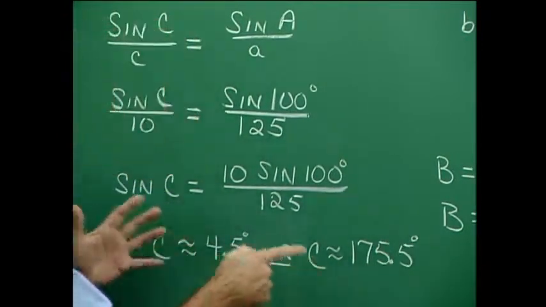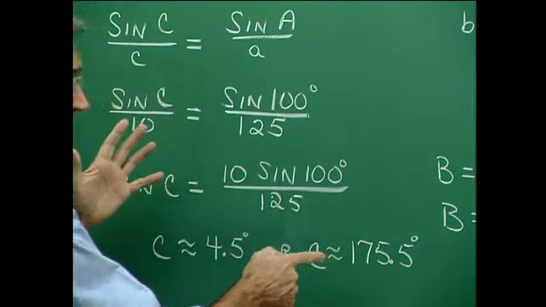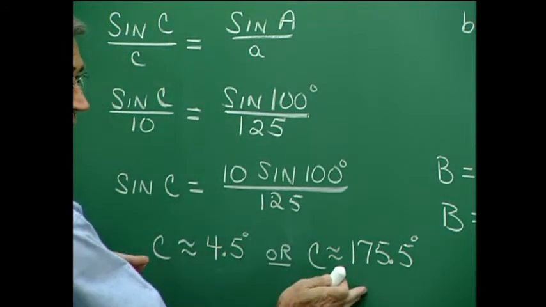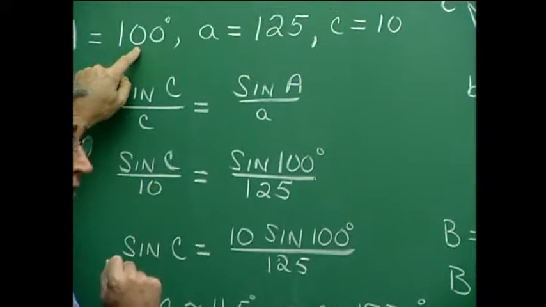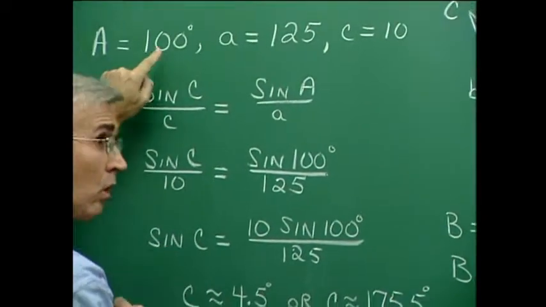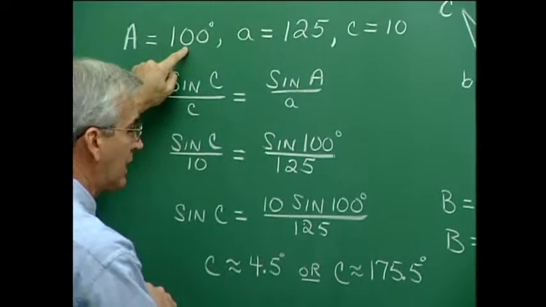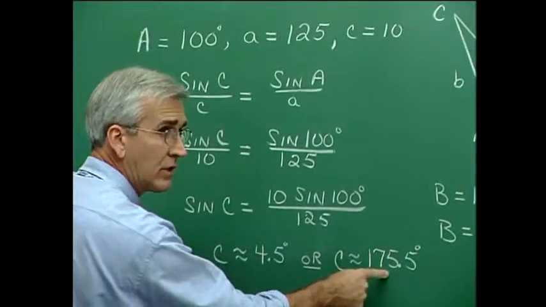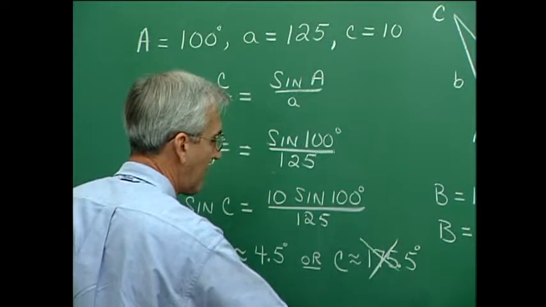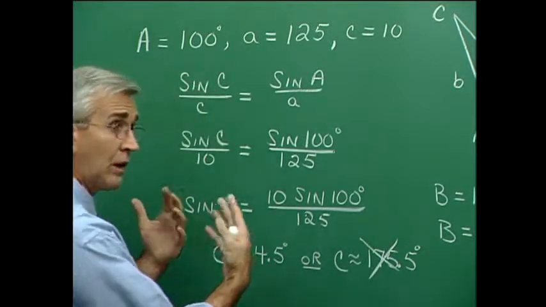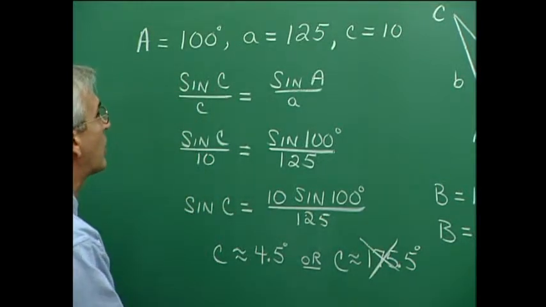However, if we just look at the nature of the problem that we're given here, we know that we have to throw this out because angle A is 100 degrees, an obtuse angle, and a triangle can't have but one obtuse angle involved in it. We can't have another angle that's obtuse. It would cause the sum of the angles to be greater than 180. So we have to throw that out, and we're dealing with only one triangle in this problem.